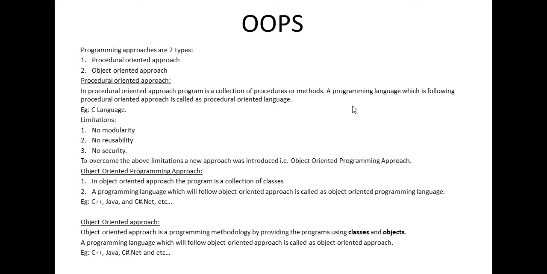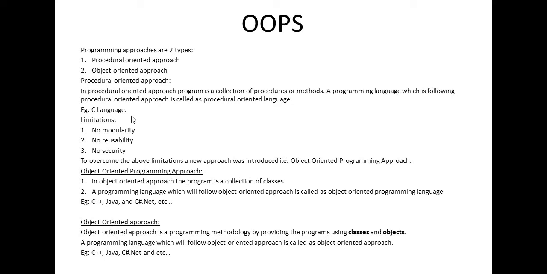A programming language which follows the procedural oriented approach is called a procedural oriented language. For example, C language. Using C language, we can develop any project. If we develop the project using C language, we are following the procedural oriented approach.